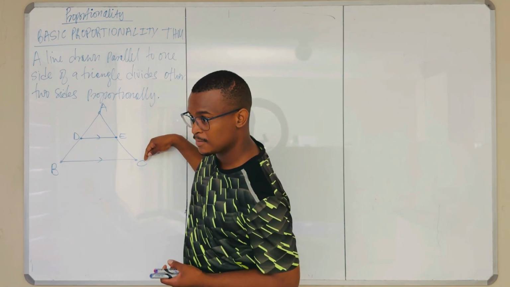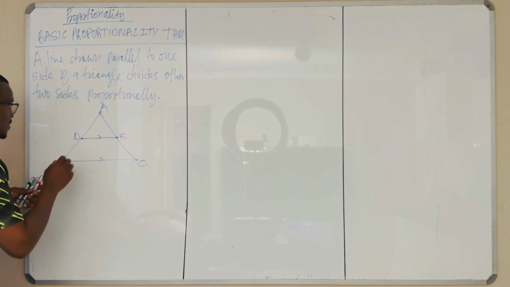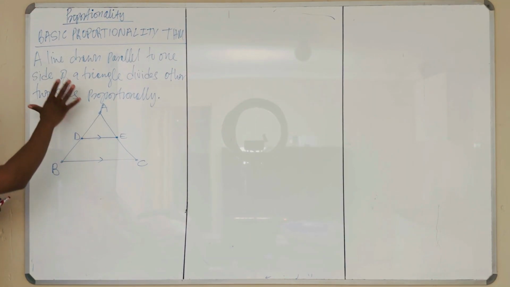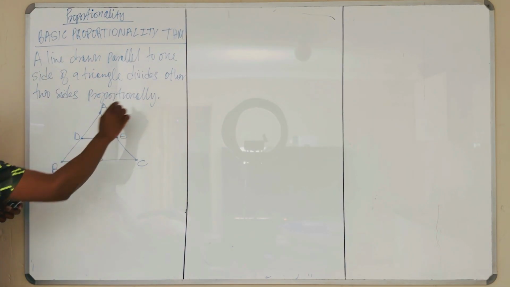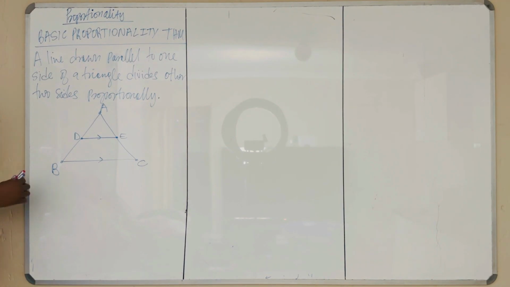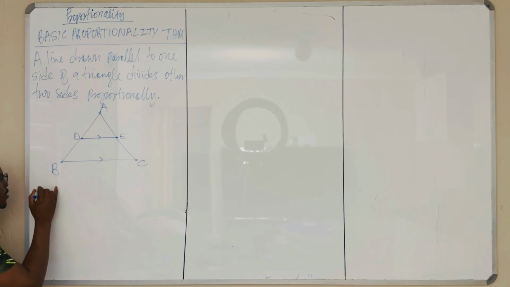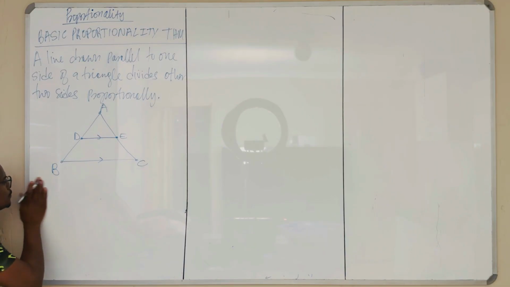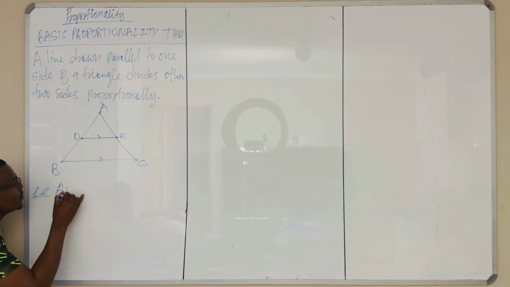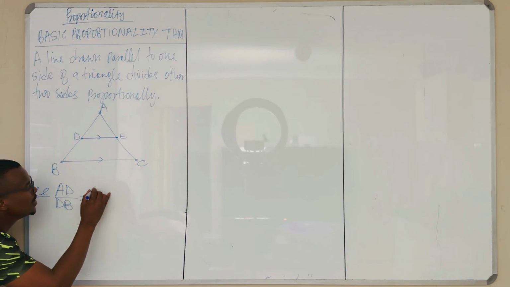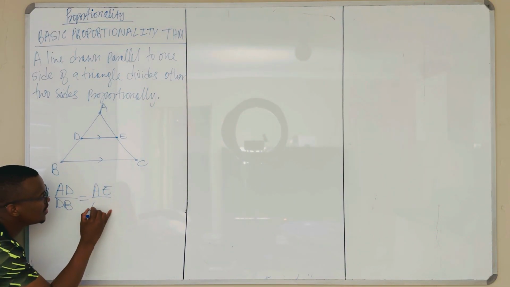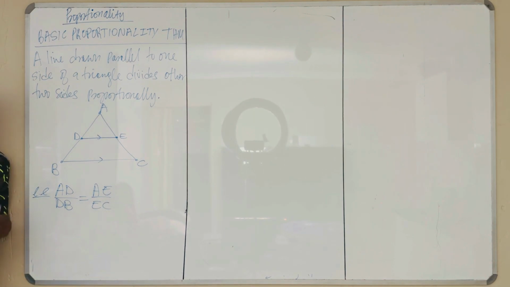So what this means essentially is, if this line divides the other two sides proportionally, it means AD over DB equals AE over EC. If you take the ratio of the same parts, they will be equal.